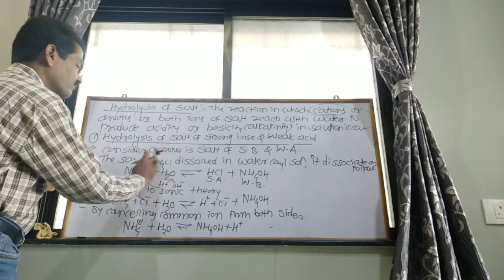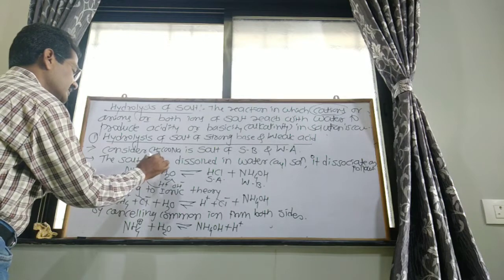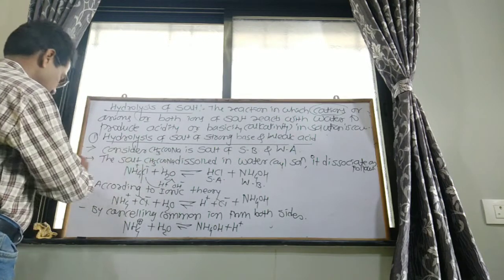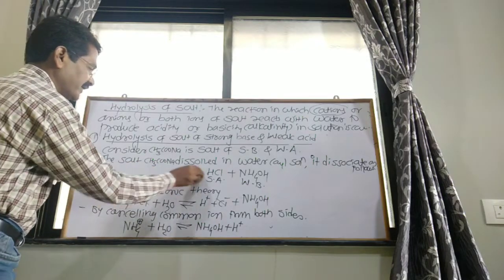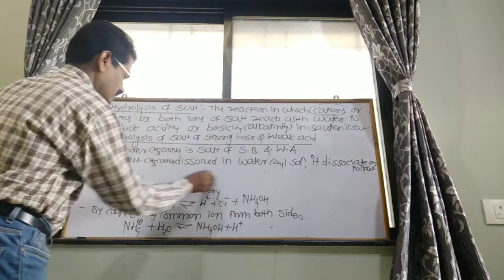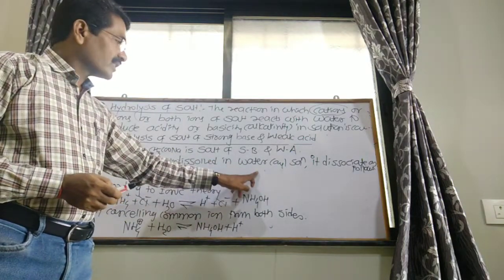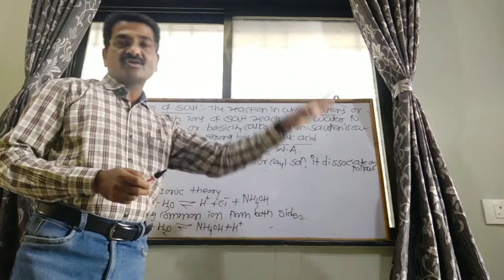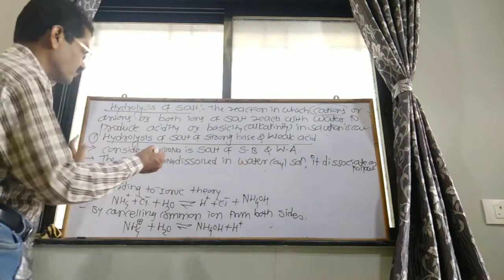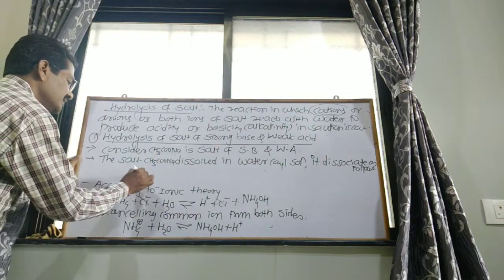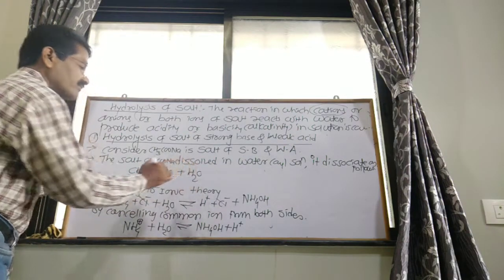The salt sodium acetate, CH3COONa, dissolved in water, aqueous solution, dissociates as follows. We get the equation CH3COONa plus H2O.